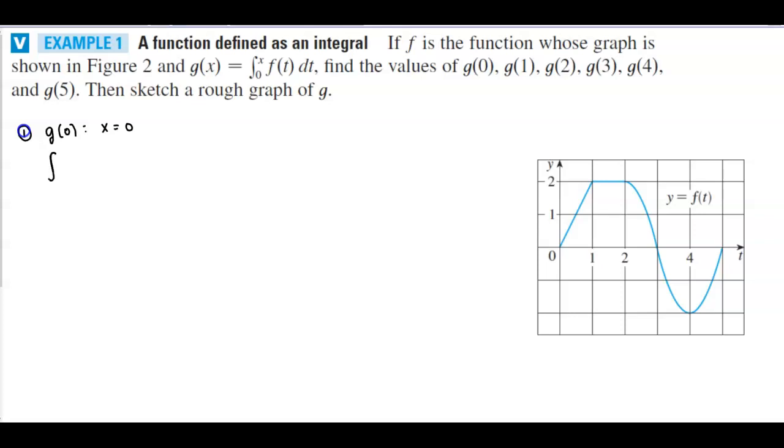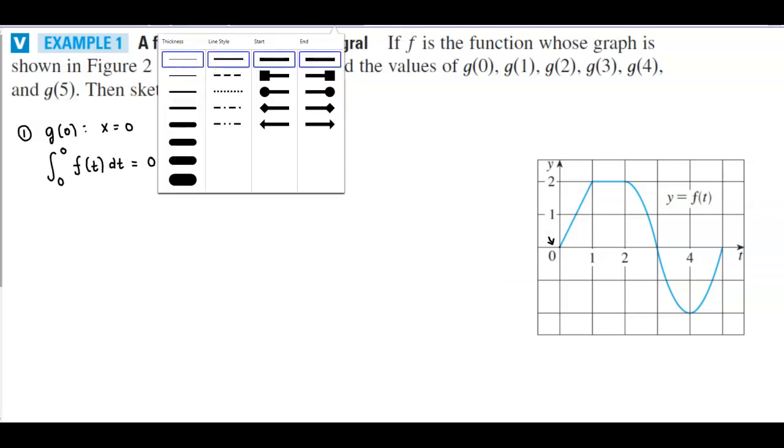So we're going to go from 0 to 0 of f of t dt. Well, we know that that's going to give us 0, because an area going from 0 to 0 is going to give us 0. So this location of 0 right here gives us an area of 0.